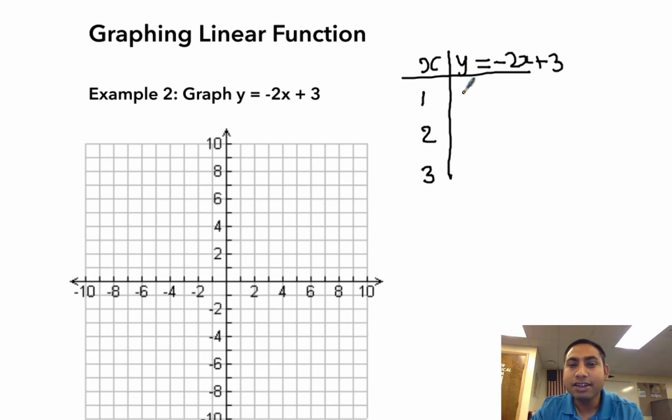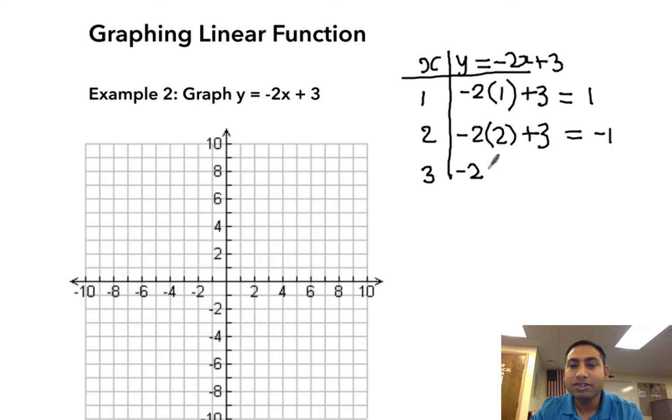So for 1, the y value is going to be negative 2 times 1 plus 3. Negative 2 times 1 is negative 2, plus 3 is 1. For 2, it's going to be negative 2 times 2 plus 3. Negative 2 times 2 is negative 4, plus 3 is negative 1. And for 3, it's negative 2 times 3 plus 3.